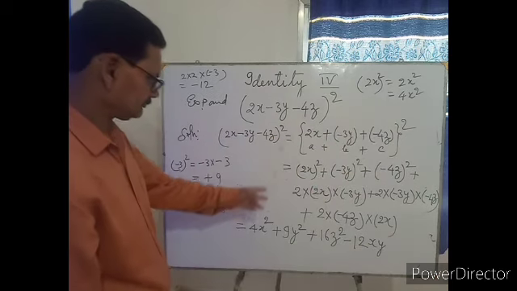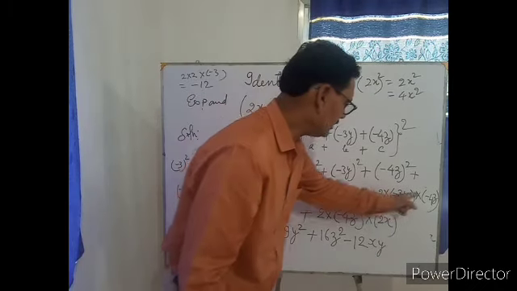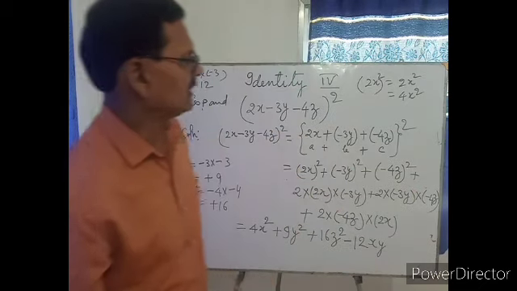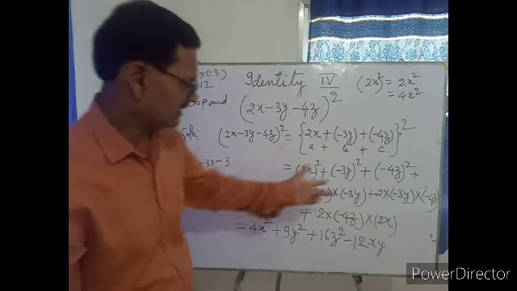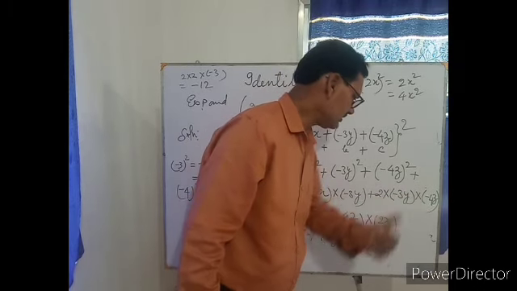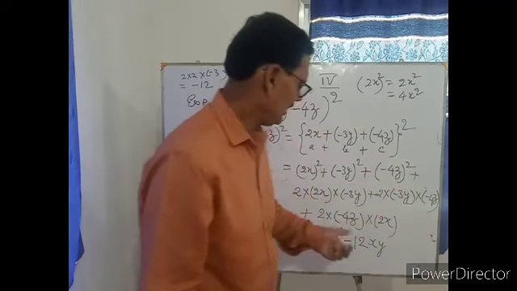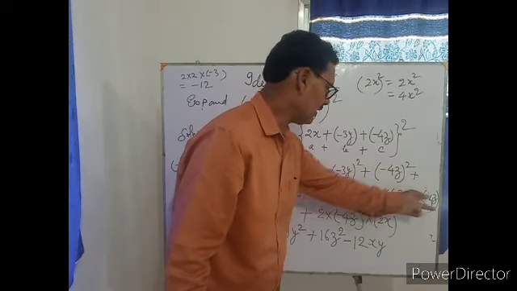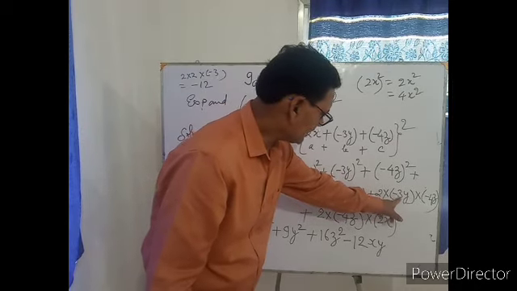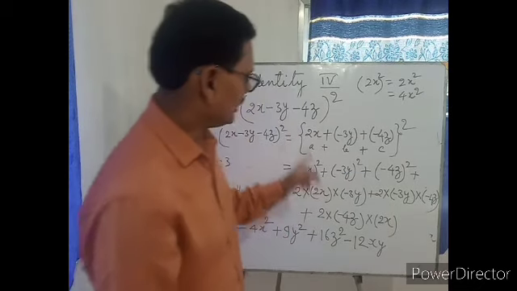Again come ahead. Here 2 is positive, minus 3 into minus 4. Minus 3 into minus 4, what will you get? Plus 12. Minus into minus is plus. So minus 3 into minus 4 is equal to plus 12, and yz. Plus 12 into 2 is 24.